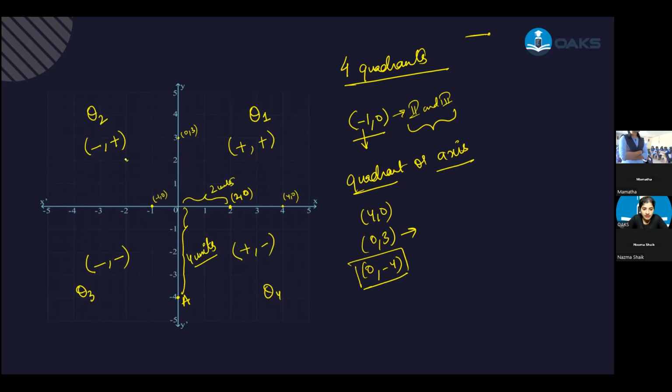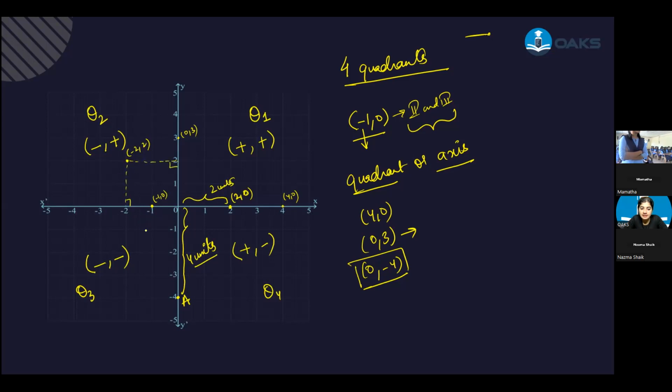Okay. Now let's have a point here, that is minus 2 comma 2. Now if I have to find the distance of this point with the x-axis, can you tell me? We will always count the perpendicular distance. See, this is perpendicular with x and this is perpendicular with y.